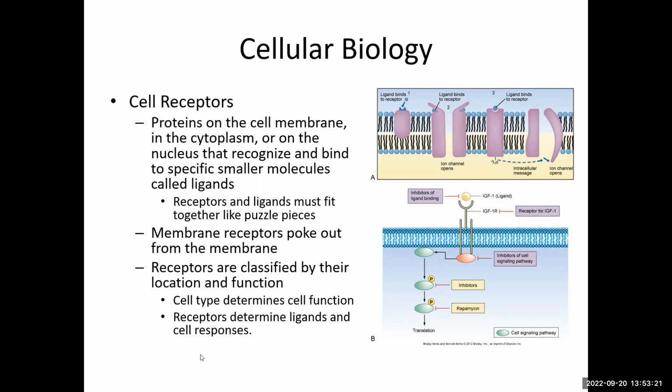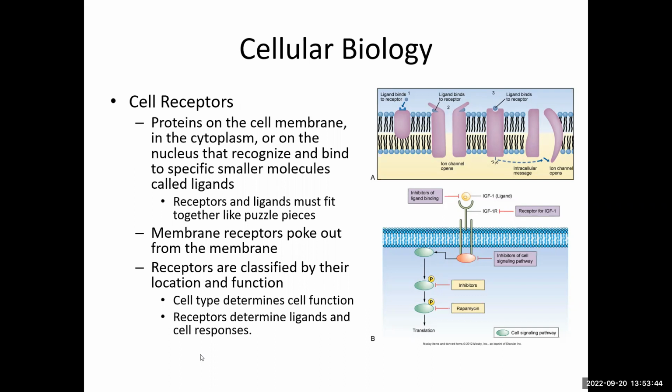If you have a piece of a puzzle that fits in not quite right, the picture doesn't become clear. But when we put all the puzzle pieces together and all of them are in their right place, the picture on that puzzle becomes clear. Same thing with these ligands. They have to fit exactly so that these receptors work the way that they are supposed to.